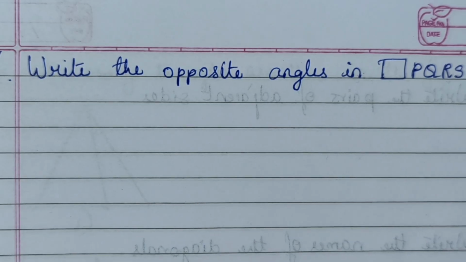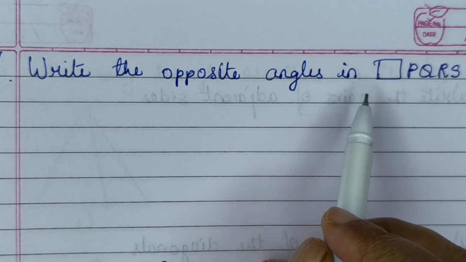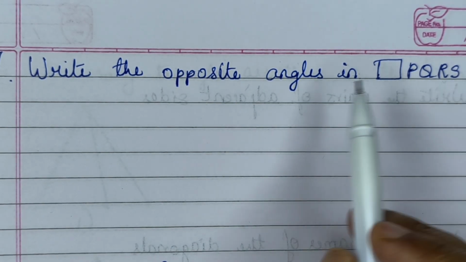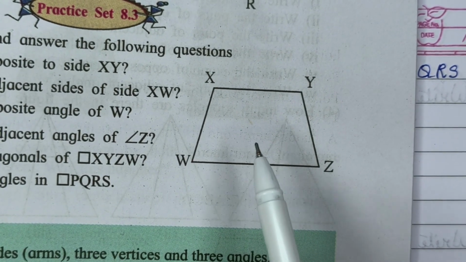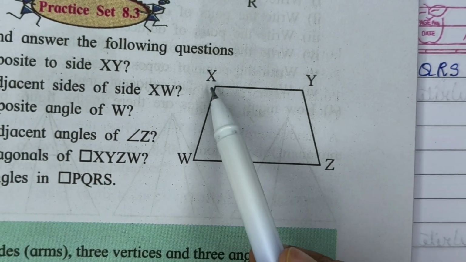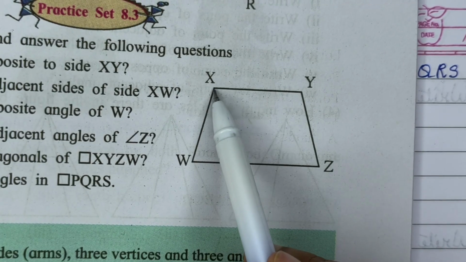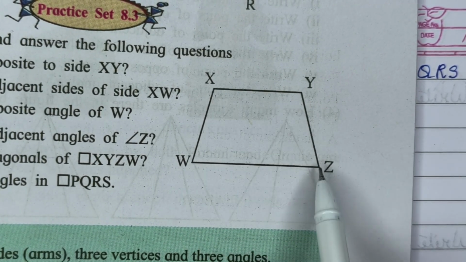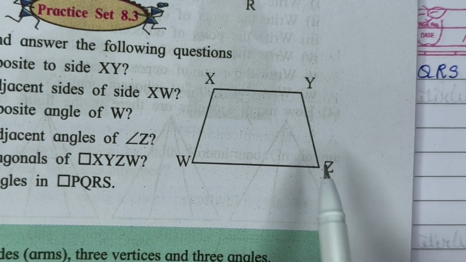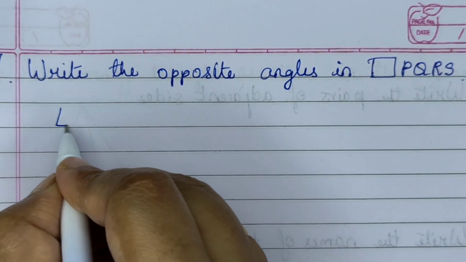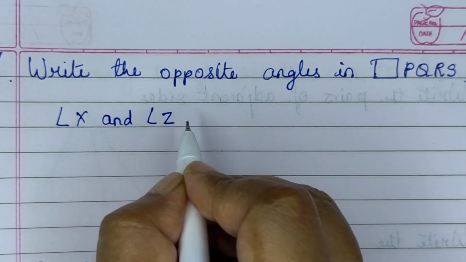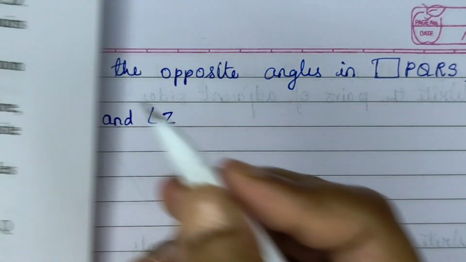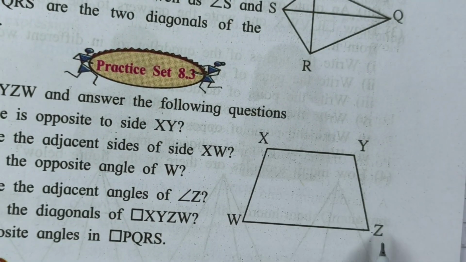Now see question number 2 in this. We have to write the opposite angles in the quadrilateral PQRS. I had explained what opposite angles are. Now see this figure. This is, suppose, angle X. What is the opposite to it? Angle X and angle Z. These two are opposite angles. So the first one we will write is angle X and angle Z. Now see the other one.